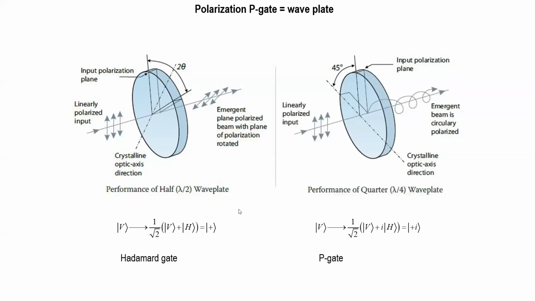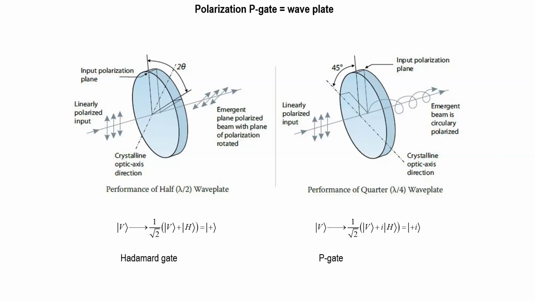If I take the wave plate and make it a little bit smaller, so the phase retardation between the ordinary and extraordinary wave gets the value of lambda over 4, such a wave plate is known as the quarter wave plate.